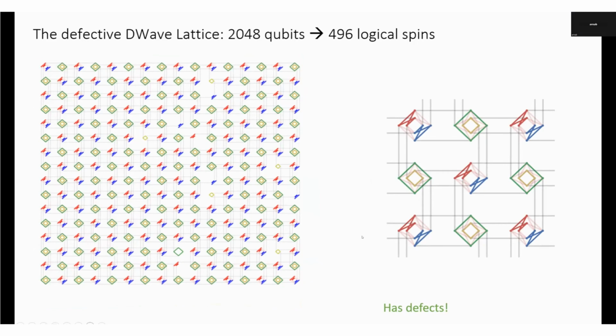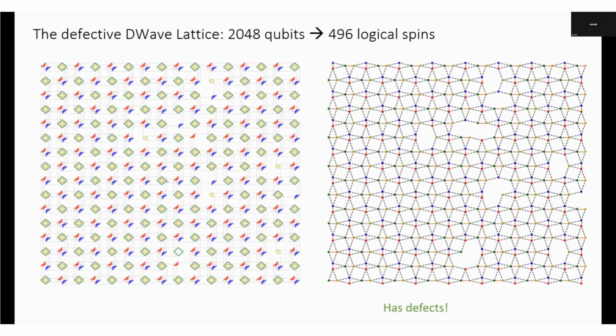And how does that translate to the Shastry-Sutherland lattice? If we take this lattice that we have embedded and map it to the Shastry-Sutherland lattice, this is how it looks. This is how big of a Shastry-Sutherland lattice we ultimately managed to get.